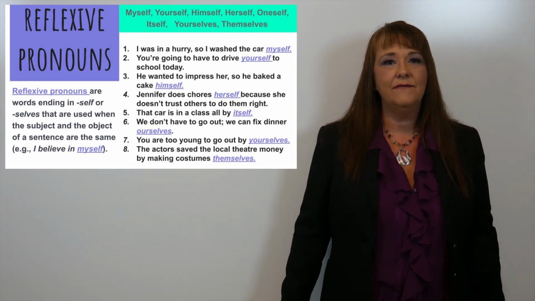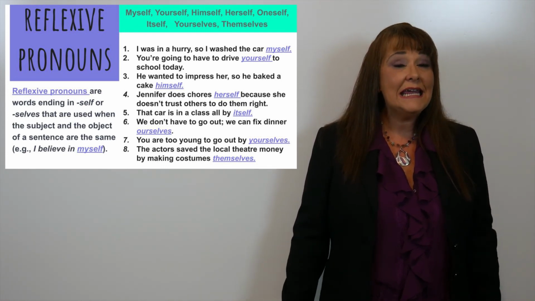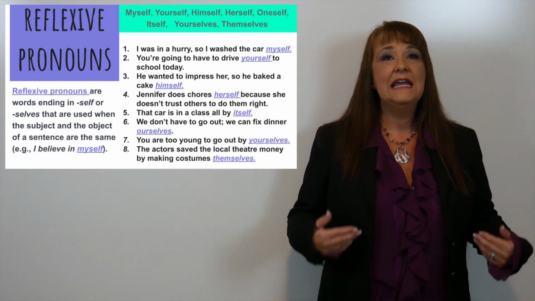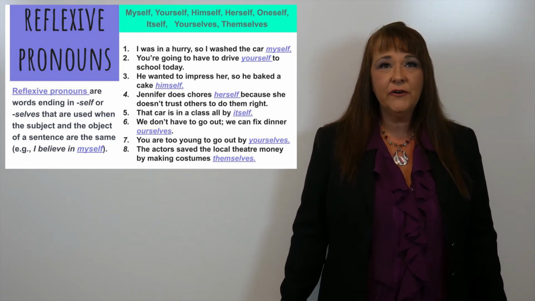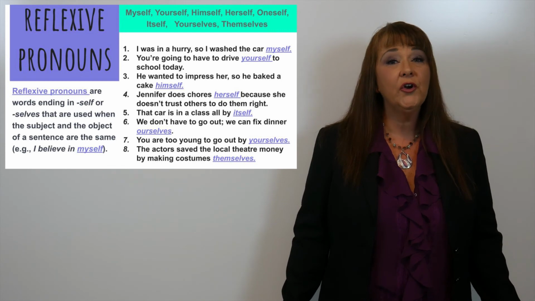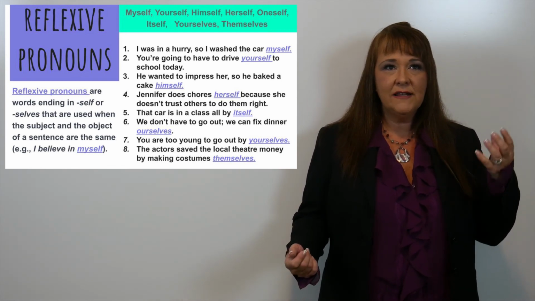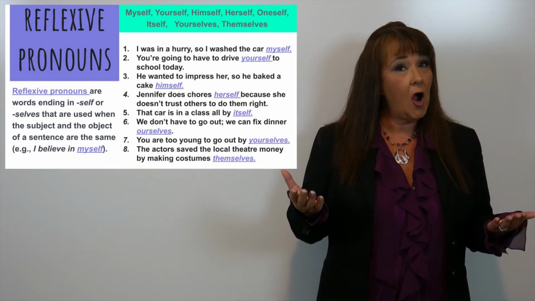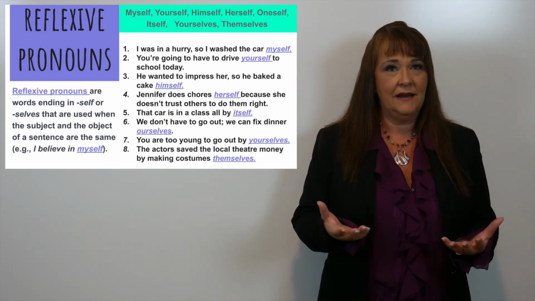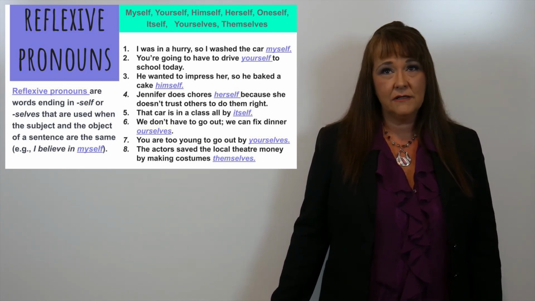I believe in myself. He believes in himself. Jennifer believes in herself. So again, when the subject and the object of the sentence are the same person, we use reflexive pronouns.